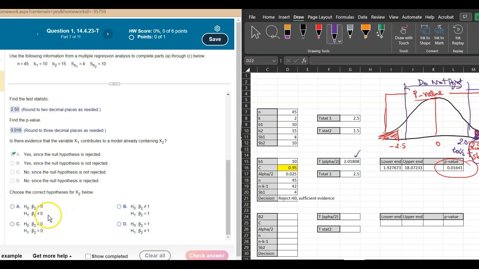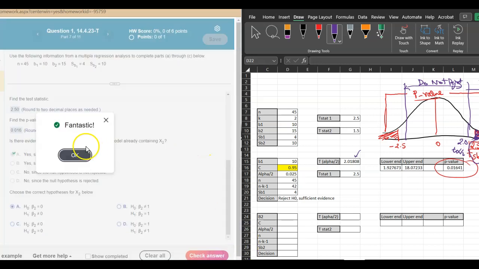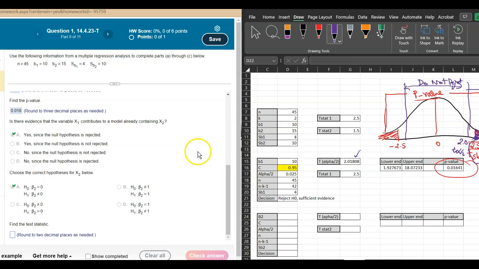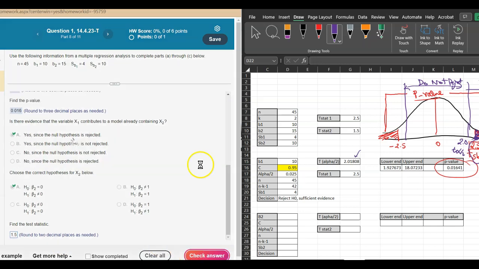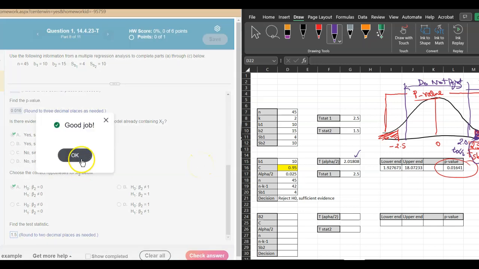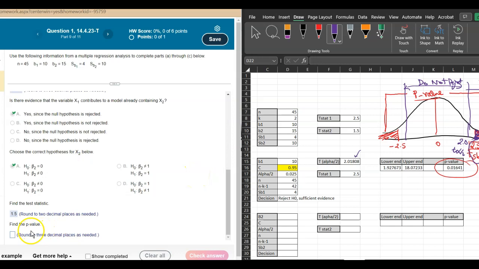So we start with beta 2 equals 0 and beta 2 different than 0. That's A. I think A is the best choice. And we're going to find the t statistic, which is 1.5. We have it already. And we want to find the p-value as well.